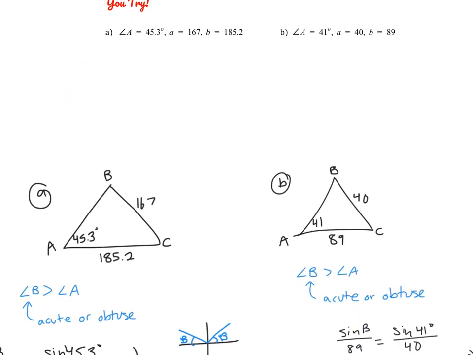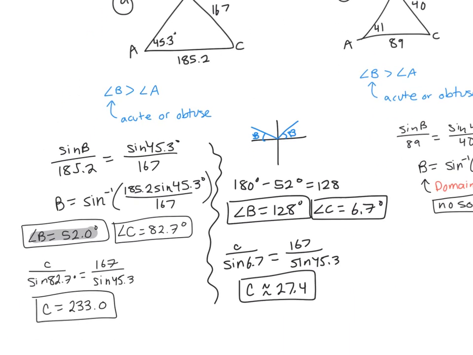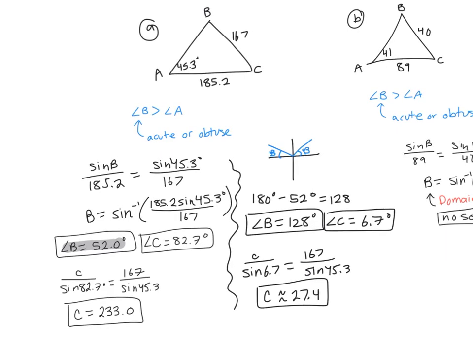Okay, let's check our answers. So for part A, I know that since angle B must be larger than angle A, I might get an acute angle or I might get an obtuse angle. So this is a case where you're going to look out for 2 potential answers. So you set up your ratios and you solve for B using arcsine.